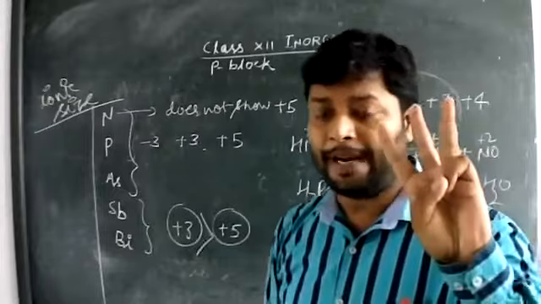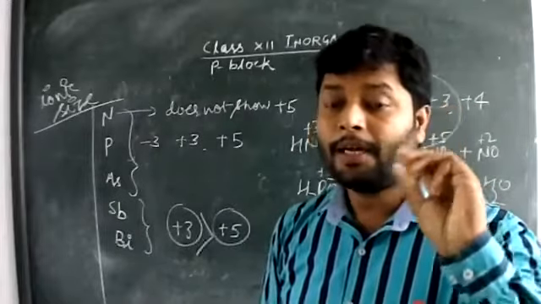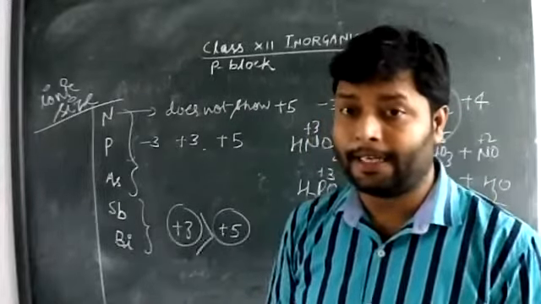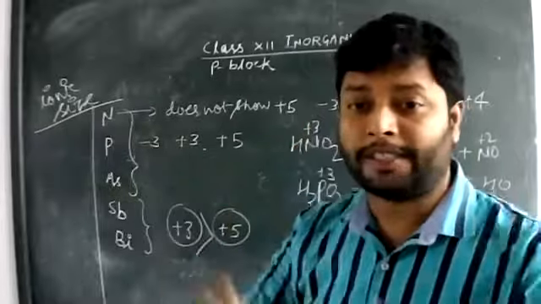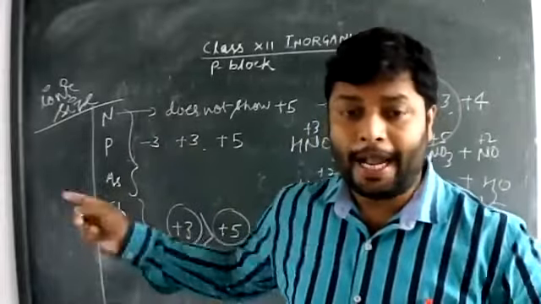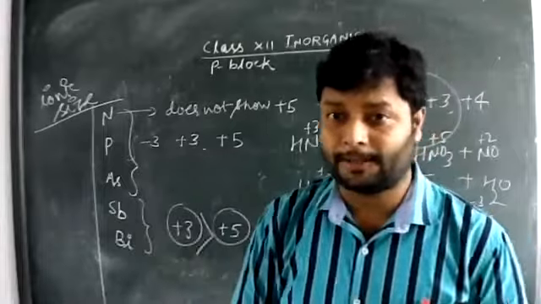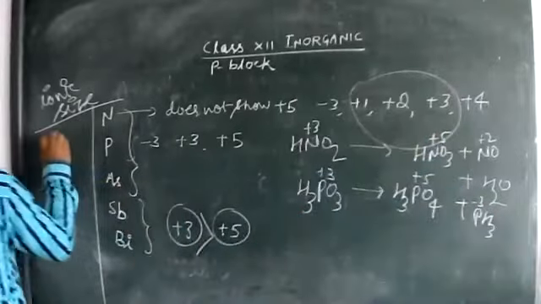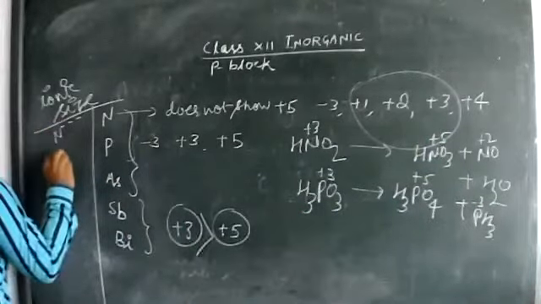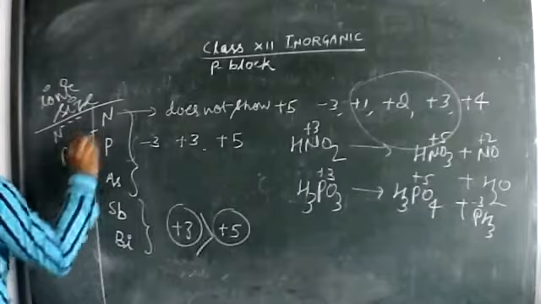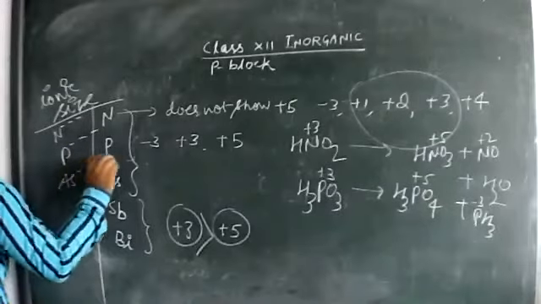The first three elements form a negative ion called an anion, which actually has a larger size than a cation. Antimony and bismuth have a tendency to form cations. So look at the size: nitrogen, phosphorus, arsenic.